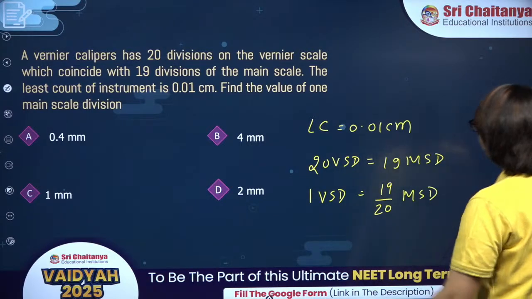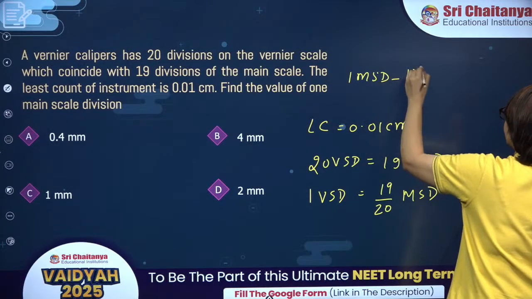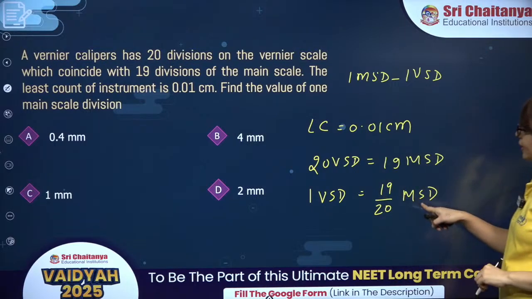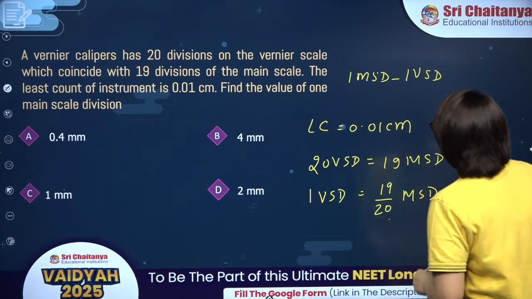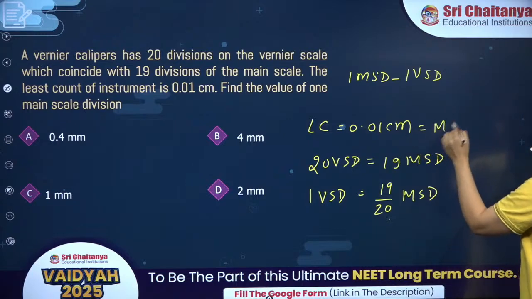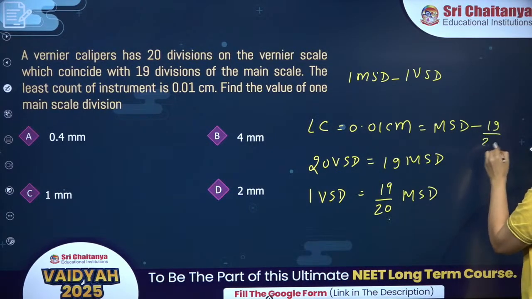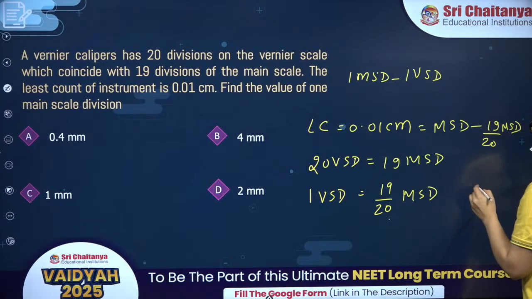What is least count? It is 1 MSD minus 1 VSD. So VSD is 19 upon 20 times MSD. So you just have to put it here. So least count is 1 MSD minus 1 VSD, which is 19 upon 20 MSD as per the question. So you can take MSD common.